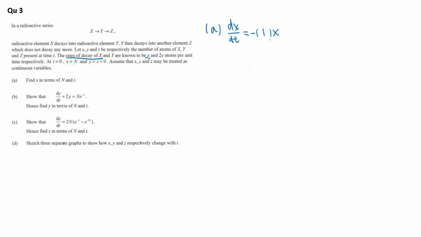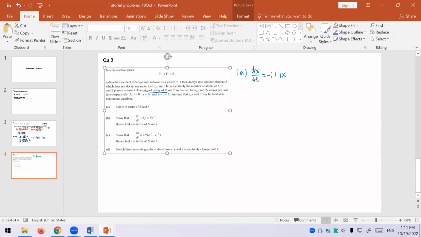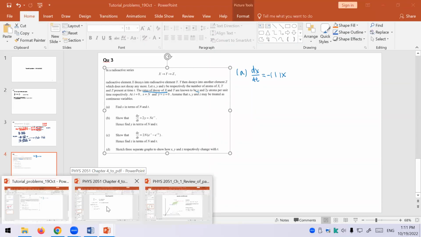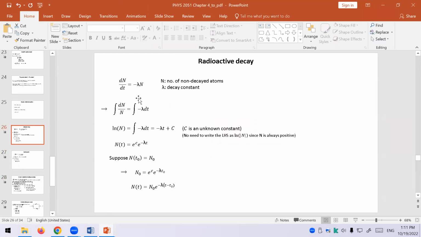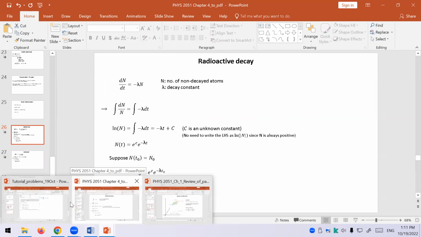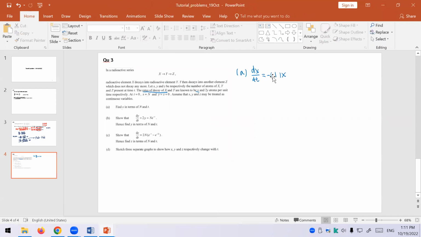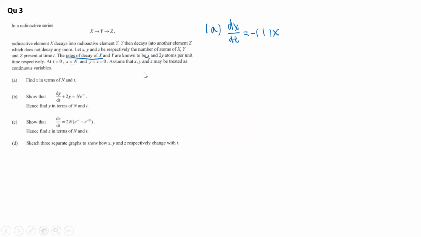The factor in front is called the decay constant. But anyway, the whole thing is just minus 1x, because it's given in the question.